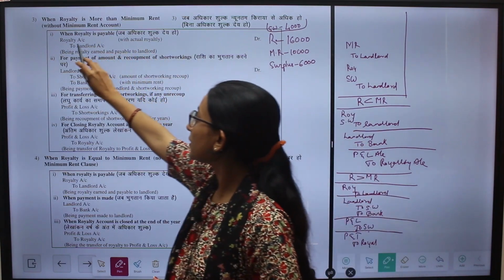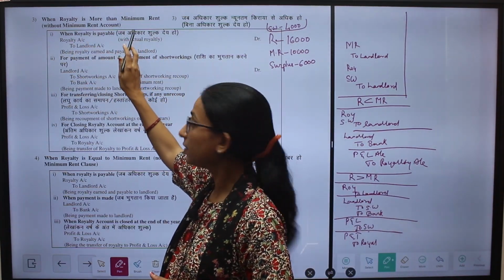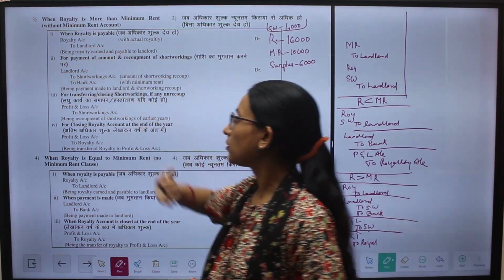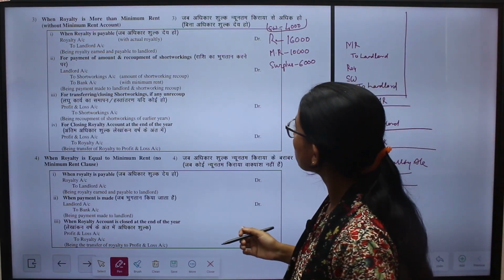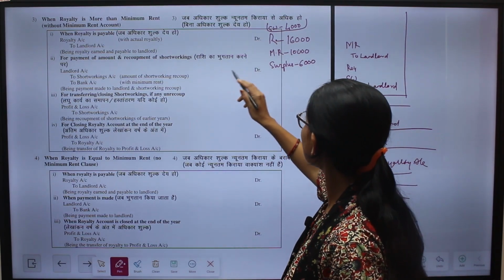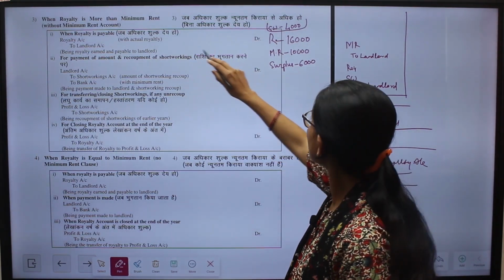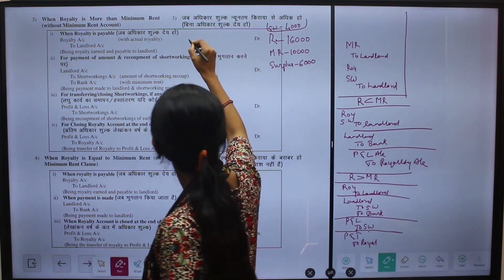So the first entry in this case will be of payable. Royalty account debit to landlord account. Royalty account will be debited with the actual royalty, that is 16,000.